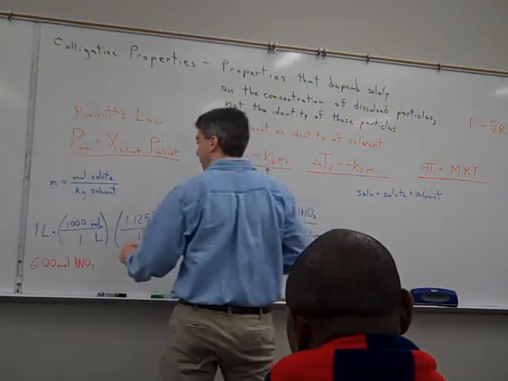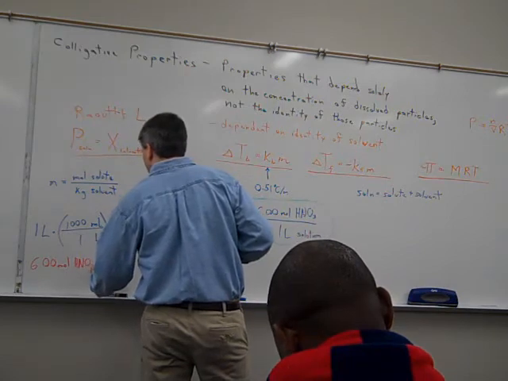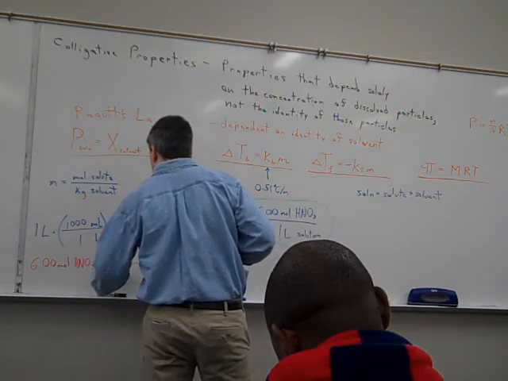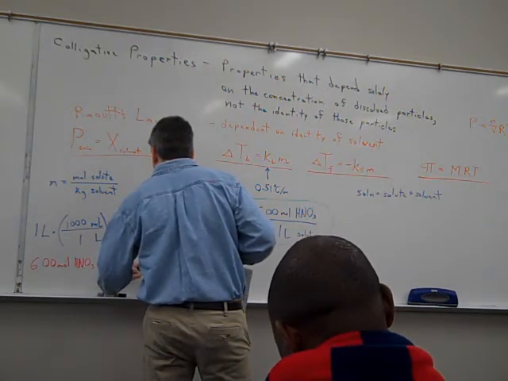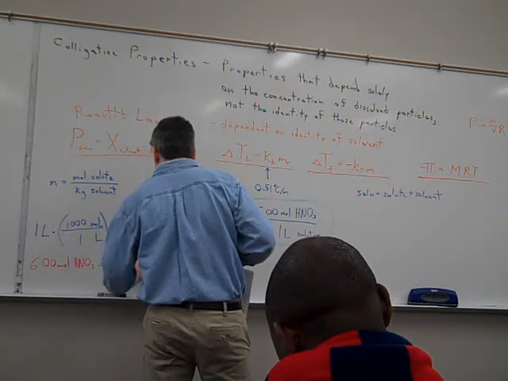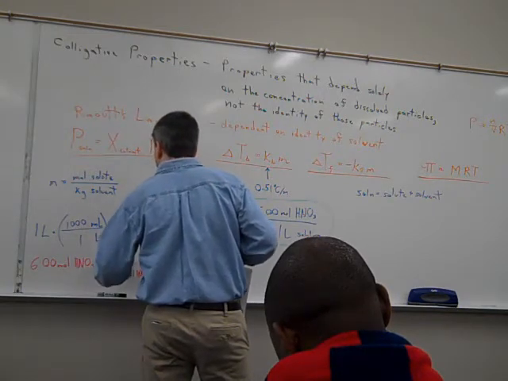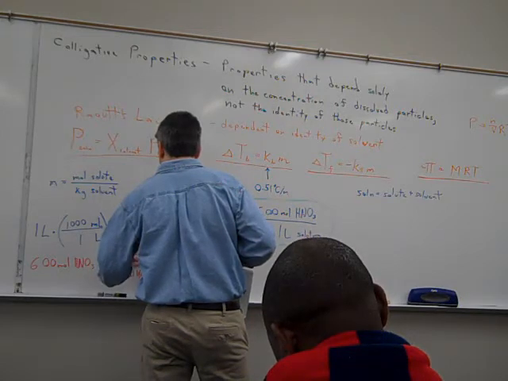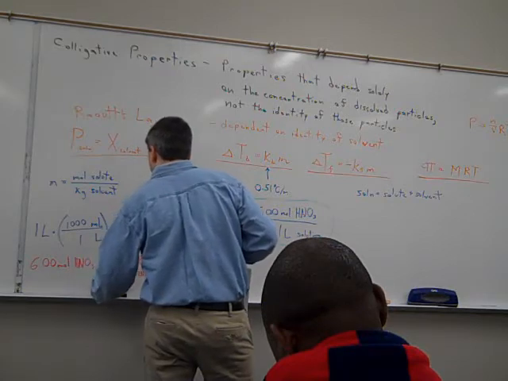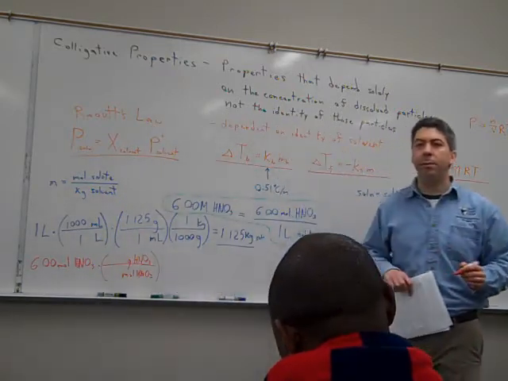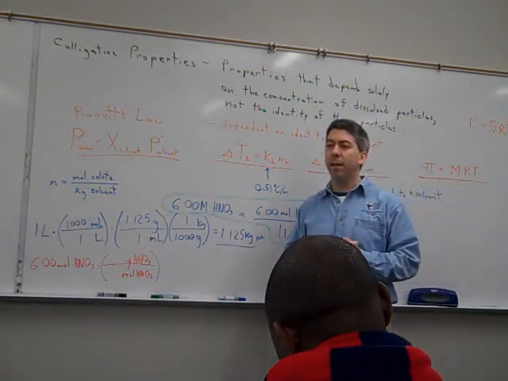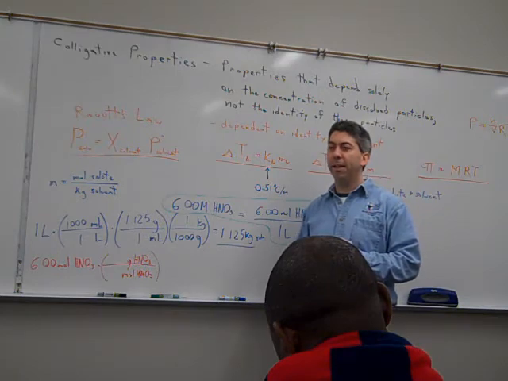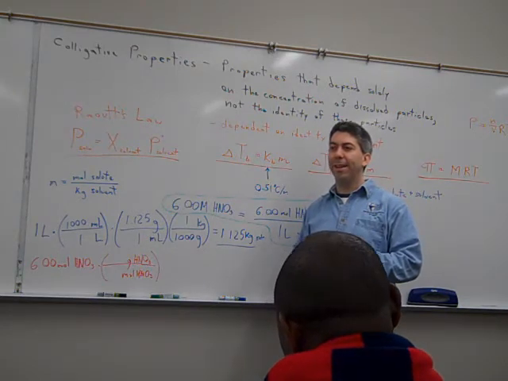And then I'm going to convert the moles of HNO3 to grams of HNO3. You remember how we do that? What do you need to convert moles to grams? We use the molar mass.